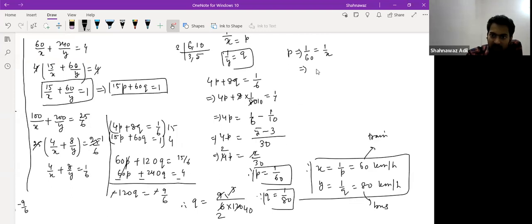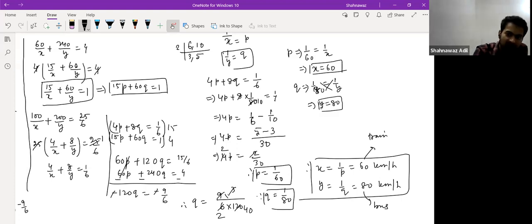So your X would be how much? 60, right? And similarly, your Q was 1 by 80, which was 1 by Y, right? So your Y would be 80, right? This part you didn't understand, or was there any other part?